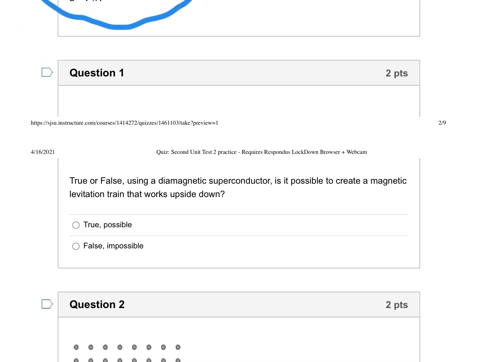Question 1. True or false? Using a diamagnetic superconductor, is it possible to create a magnetic levitation train that works upside down?